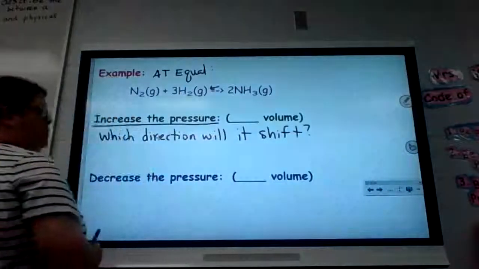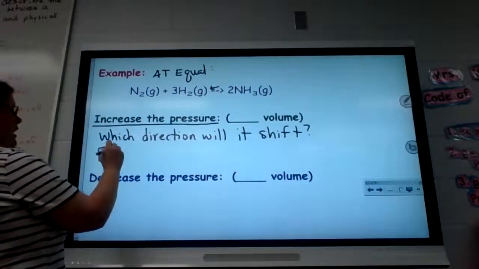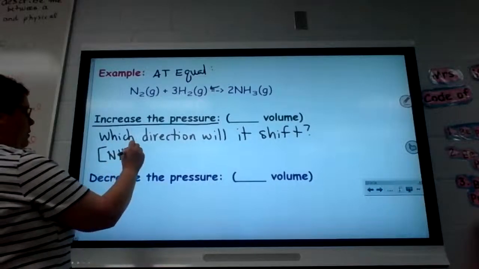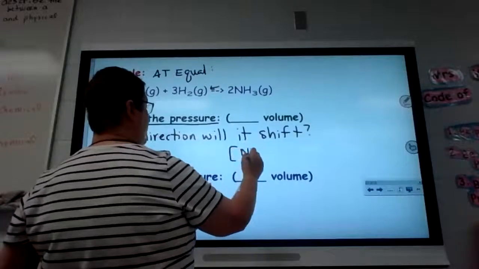I want to know which direction it will shift, what will happen to the concentration of NH3, and what will happen to the concentration of N2.